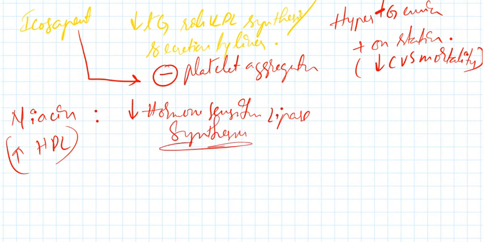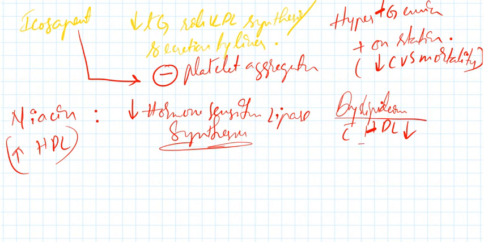Now, what are its uses? Dyslipidemia with decreased HDL. The condition where there is a problem of dyslipidemia as well as a decrease in HDL, you can prescribe niacin as the drug.